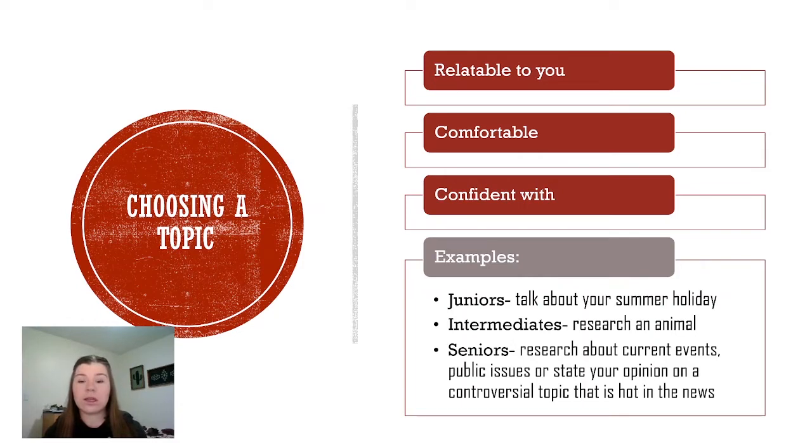So you can easily do some research on a current event or public issue, and then you can take a side with it. You can explain why you think this is a really important issue that everyone needs to be informed about, or really state some facts or dispel a myth about something that is in the news that you think isn't correct or that people really need to know more details about.